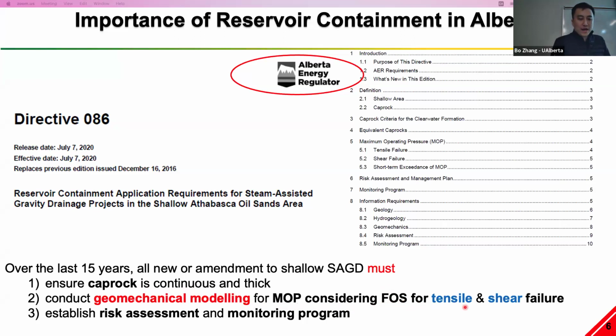They also have to establish risk assessments and a monitoring program for SAGD projects operating in the shallow formations. And actually, Dr. Rick gave a talk back in 2021, if I remember correctly, at the Energy Simulation Summit about this caprock safety. It's available on YouTube if you're interested. Just go for it.